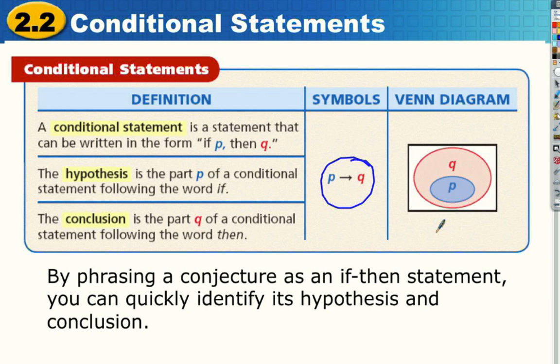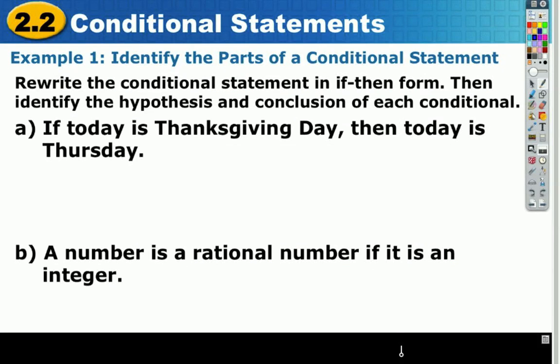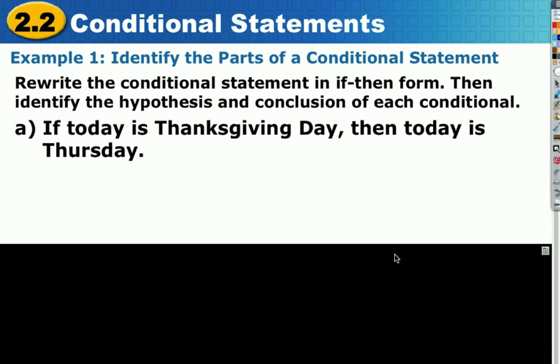All right. Example 1. Identifying parts of a conditional statement and rewriting statements in the if-then form. Today is going to be a lot of writing. You might get tired. It's just the way it is. You do not need to copy the instructions, but you need to read them carefully.